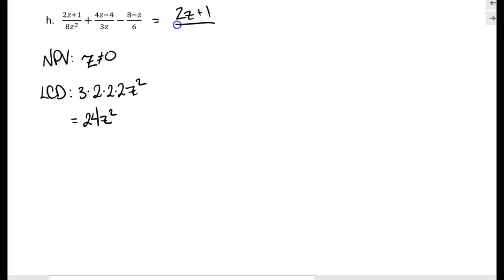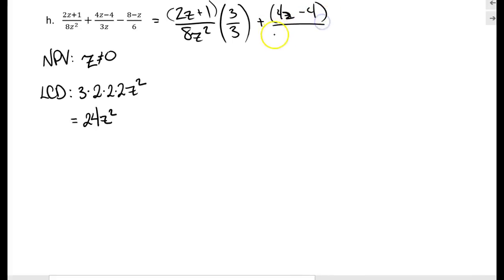2z plus 1 over 8z squared. All we need to create is that 24, so 3 multiplied by 8 will get me there. 3 times 4z, put brackets around there so I remember to distribute, minus 4 over 3z.